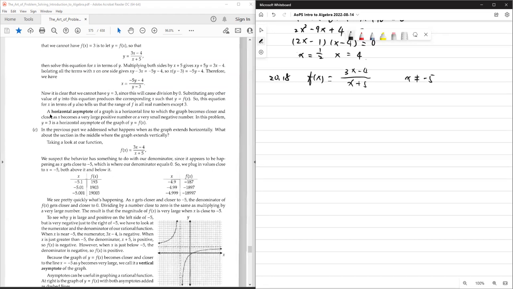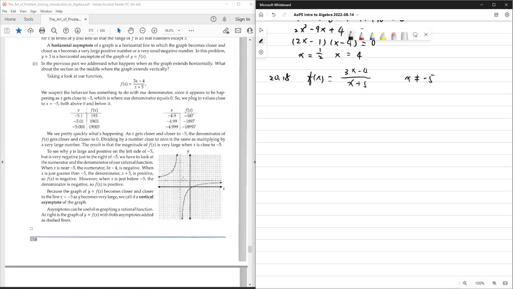What we can introduce is a horizontal asymptote. Since x cannot equal -5, at this time y cannot equal 3.